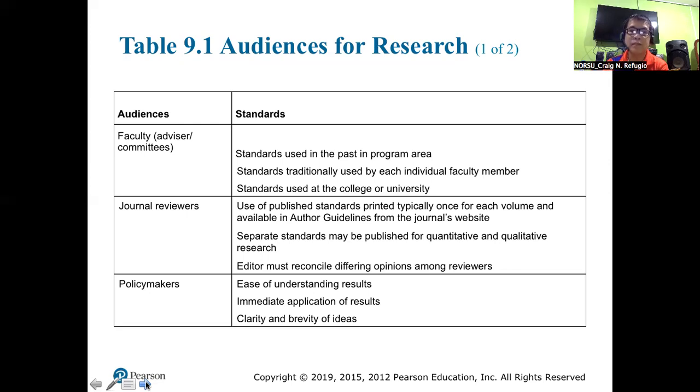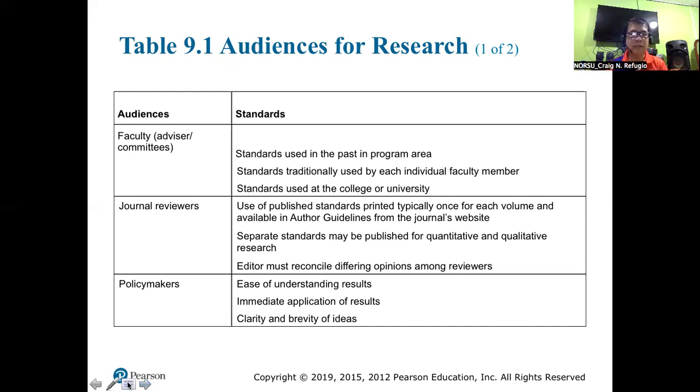The editor must reconcile differing opinions among reviewers. As a research report is being evaluated by different reviewers, they have different comments and suggestions. In a journal, there is what we call the editor, and one of the roles of the editor is to reconcile different opinions, comments, and suggestions between reviewers.